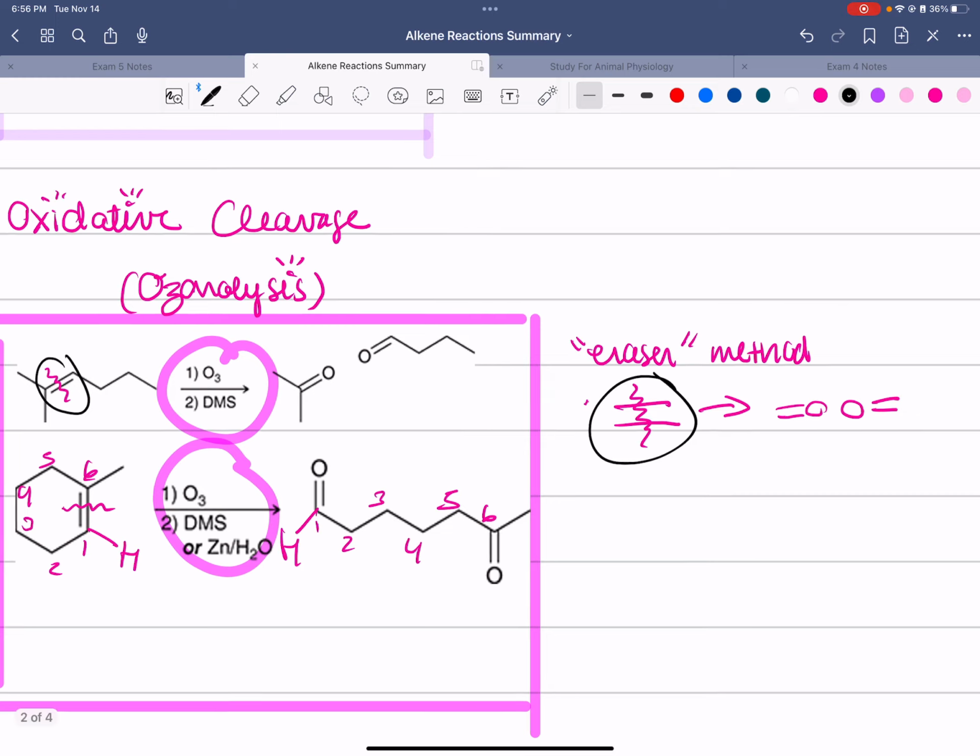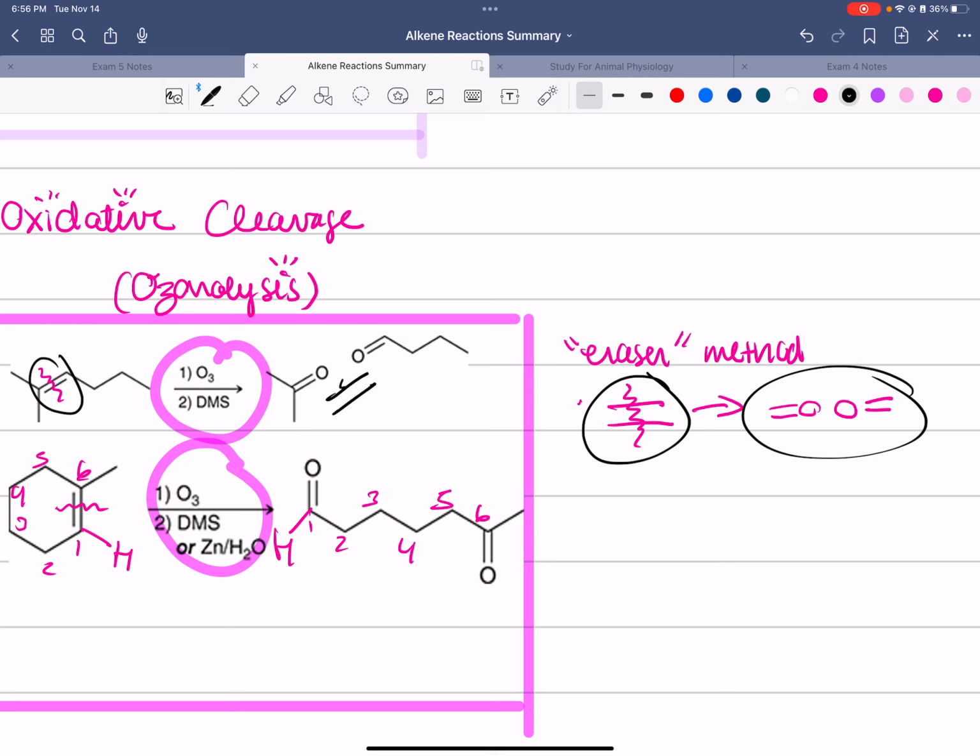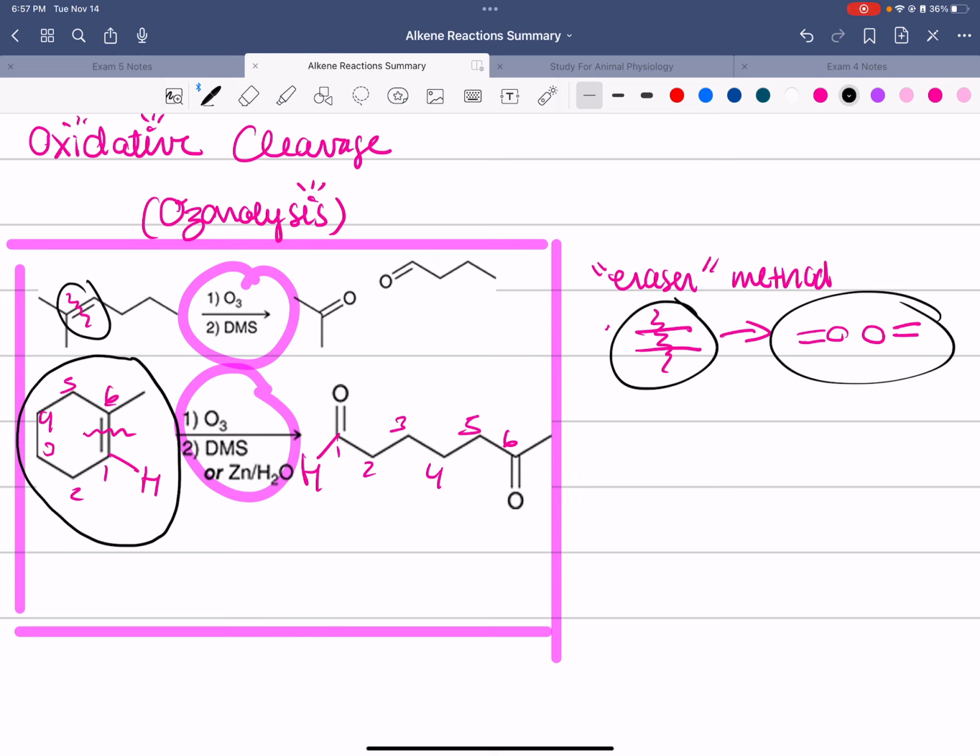So you can see it was originally like this, then we broke it, and then we added two oxygens in between, and then we created carbonyls. So the same logic goes for cyclohexanes, or like a cyclic compound. So in a cyclic compound, we do the same thing. We break that double bond, and then we put two oxygens in between.